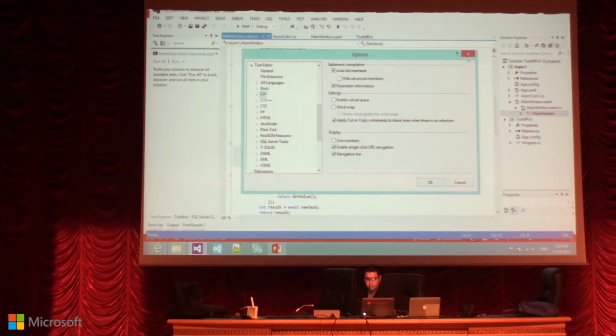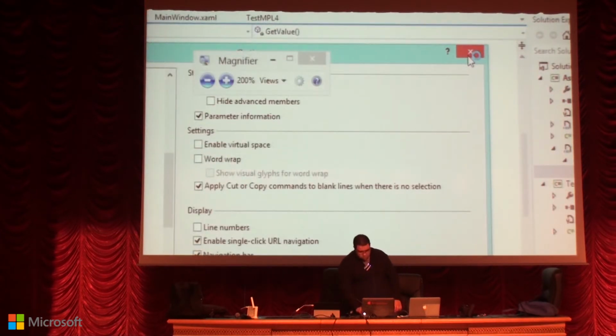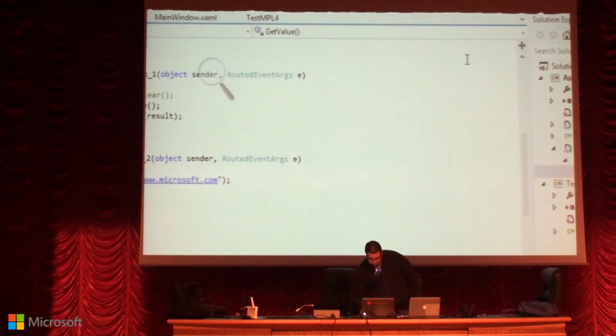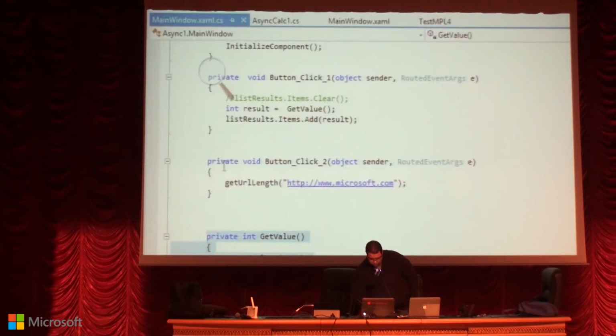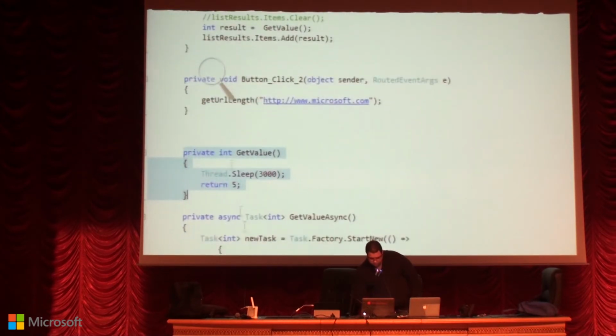Okay. I'm a Mac user. I'm not familiar with the device. Windows Plus. Okay. Nice. So this is our call. Just get value, sleeping for 3 seconds, and returning a value of 5.